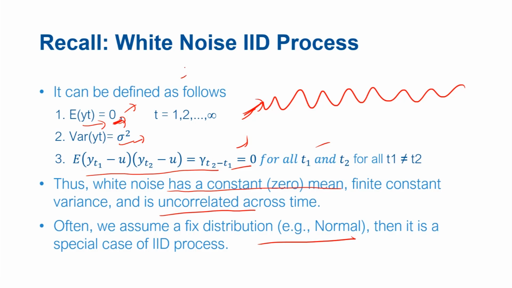Now, why is this white noise IID modeling needed for the error term ut? The idea here is that when you model a process yt, maybe some kind of ARMA model, and then you extract the residuals from the model, we assume that if the modeling has been good, then the residuals should be very clean. They should not have any pattern or structure that requires modeling.